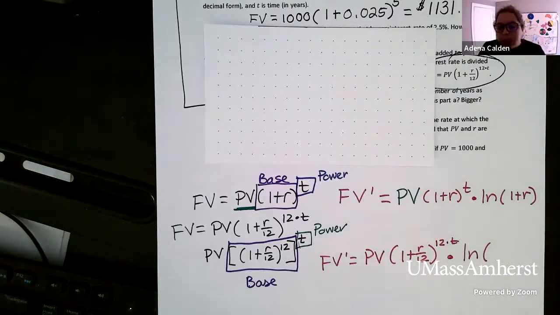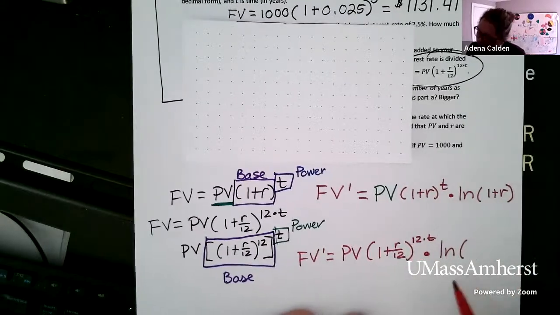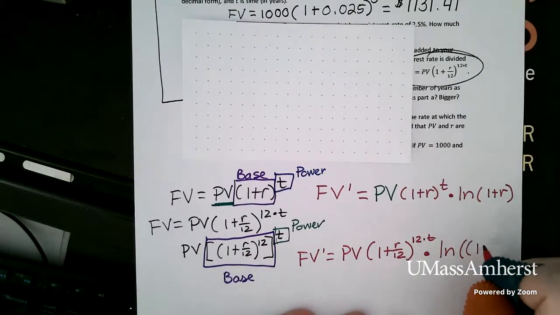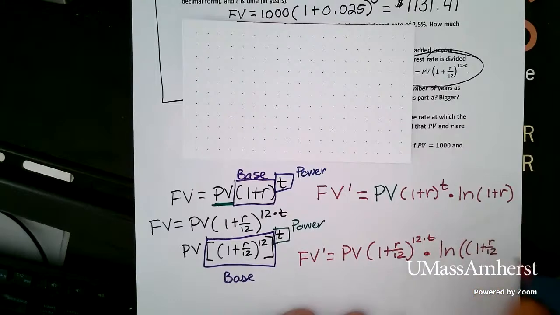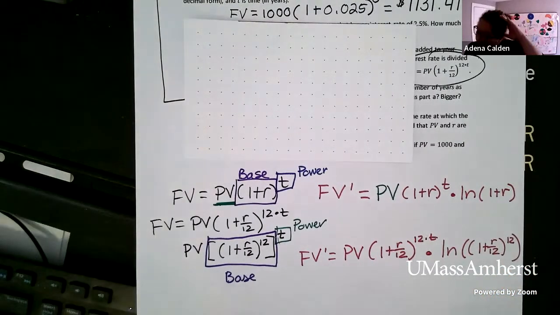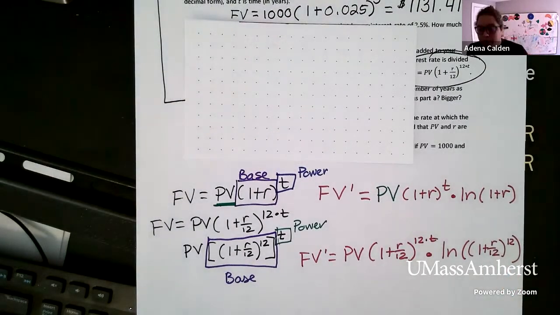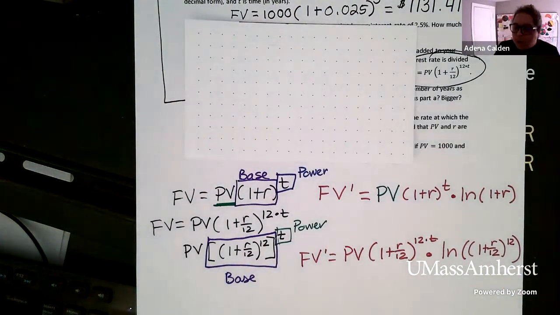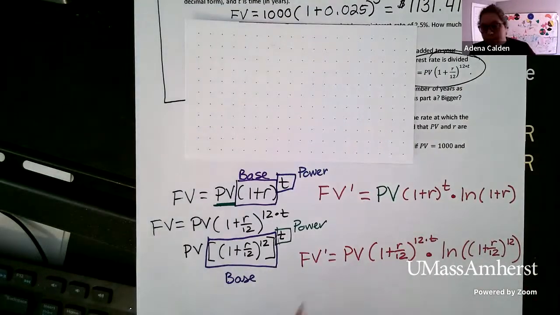So I have to be really clear about what the base is so that I get this constant right. So my base here is 1 plus r over 12 to the 12th. So that 12th power has to be part of the base. Okay, so now my derivative looks like this.